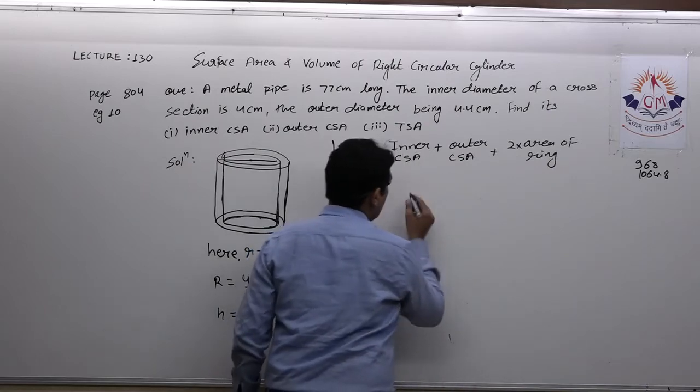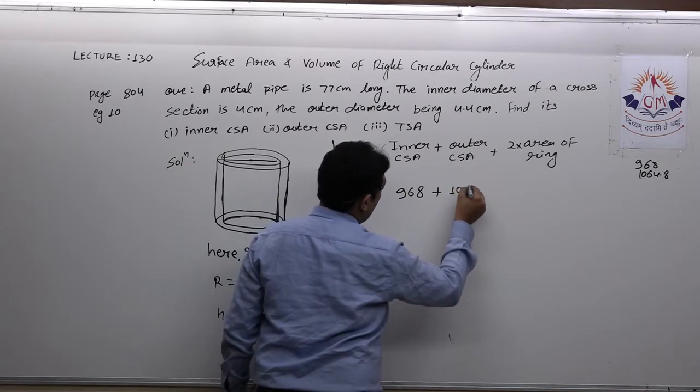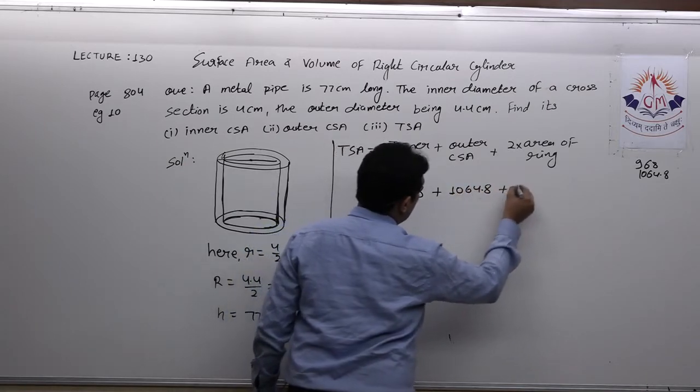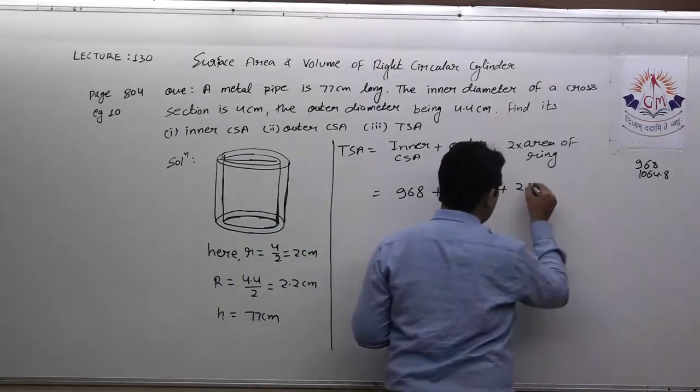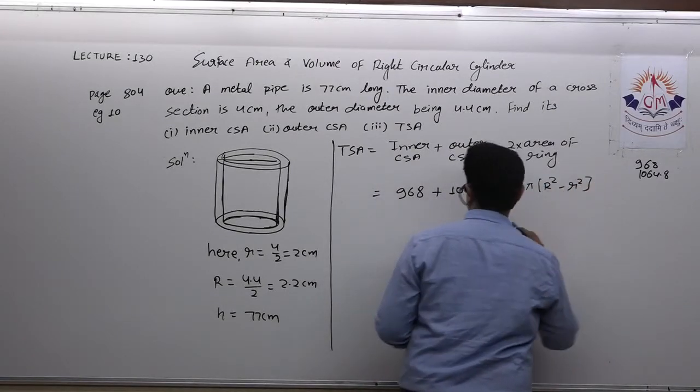So inner CSA I'll take directly 968, outer CSA I'll take directly 1064.8, 2 into area of ring, that is pi, capital R square minus small r square.